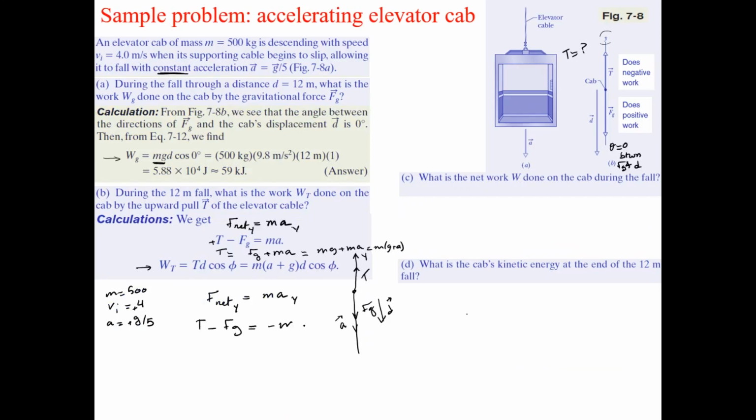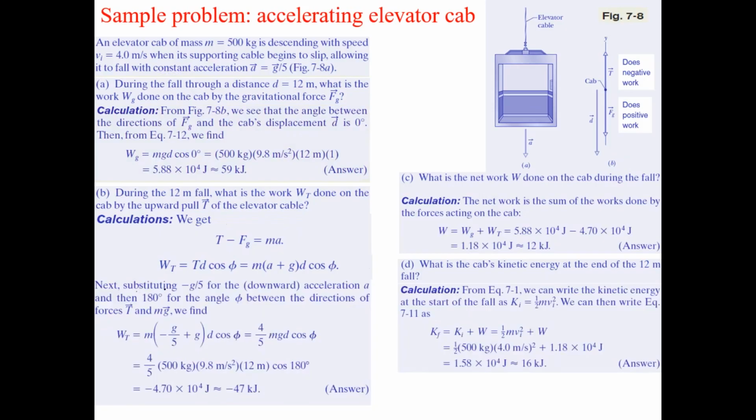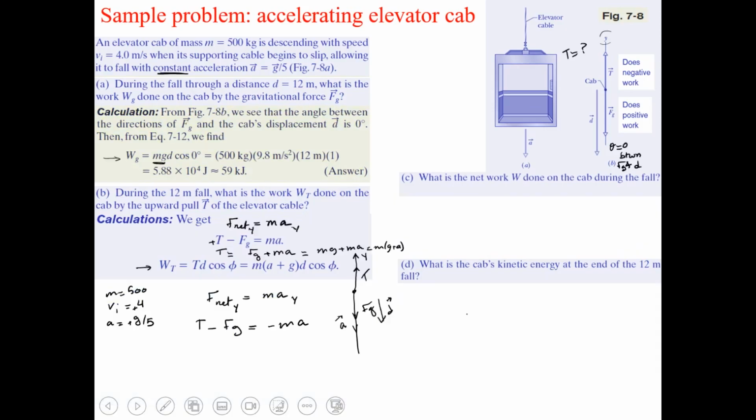So I'll put the acceleration to be negative. In the solution of the book, they leave it positive, but they plug in a negative value when they substitute a. You can see that in the typed solution, substituting minus g over 5 for the downward acceleration. I like to show its direction because it's a vector, just as I did for the force. I put a minus sign manually. I'll do the same for the acceleration here.